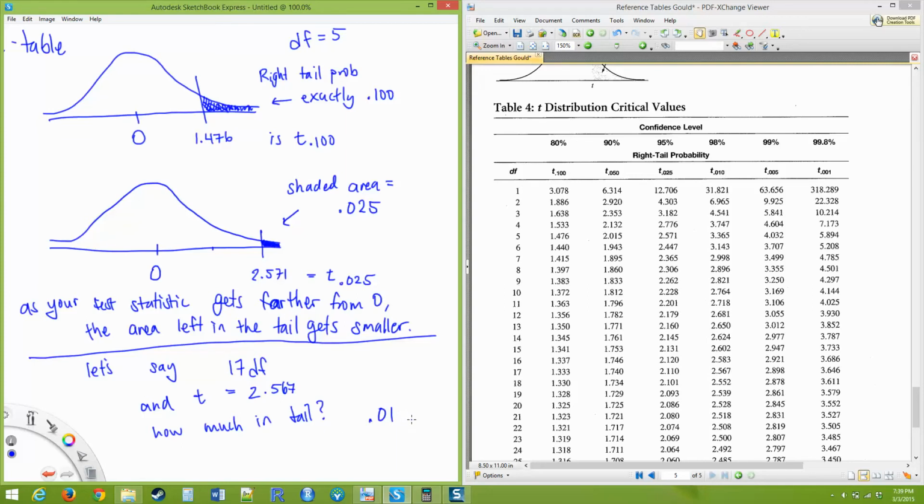Please don't say 0.010. 0.010 is exactly the same as 0.01, but nobody says 0.010. I could also write it with more zeros, which is the same value, and I would not say that either. Just say 0.01. So 1%. How much is in the tail? 1%, 0.01. Is this good with everyone so far? So far, so good.